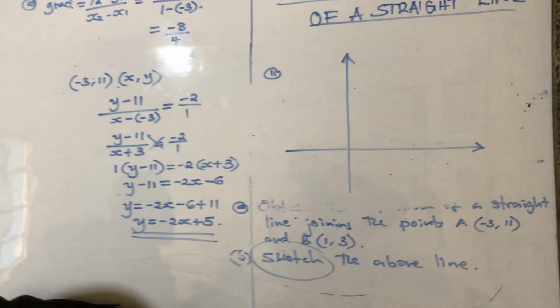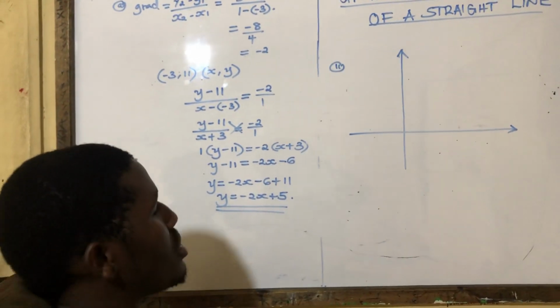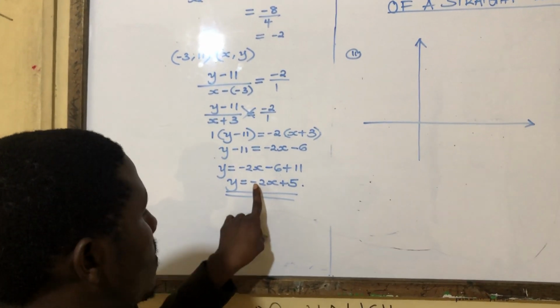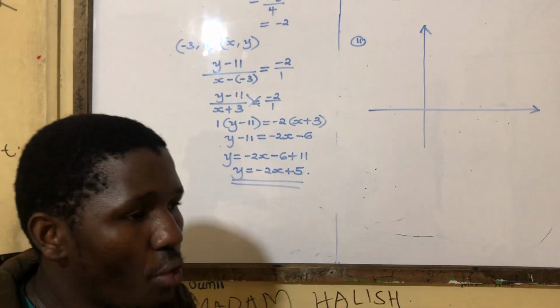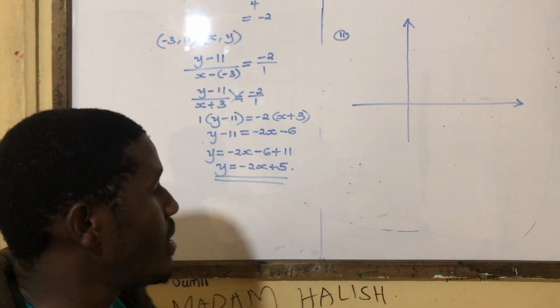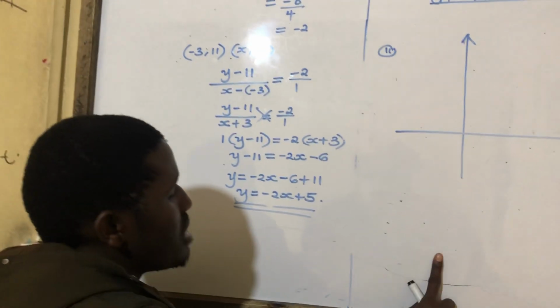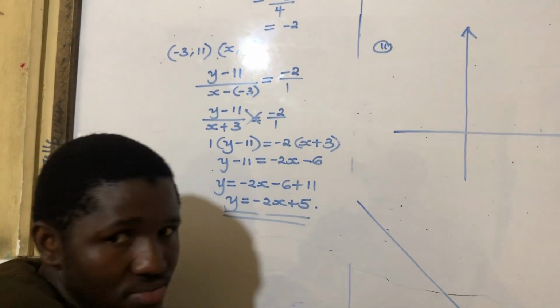What are these key information? One, the examiner will be keen on the slope of your line. Take note, this line is having a negative gradient. We already agreed somewhere that whenever a line has got a negative gradient, the line must be a line that is sloping downwards in this manner.